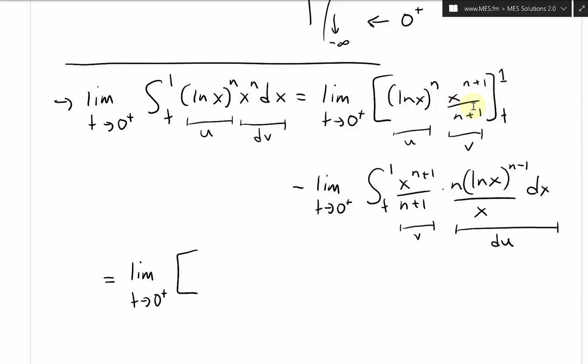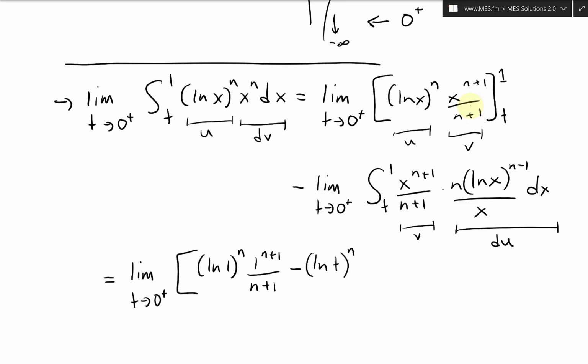Put the 1 inside and subtract: it's (ln 1)^n times 1^(n+1) over n+1, and then subtract (ln t)^n times t^(n+1) over n+1, like that.